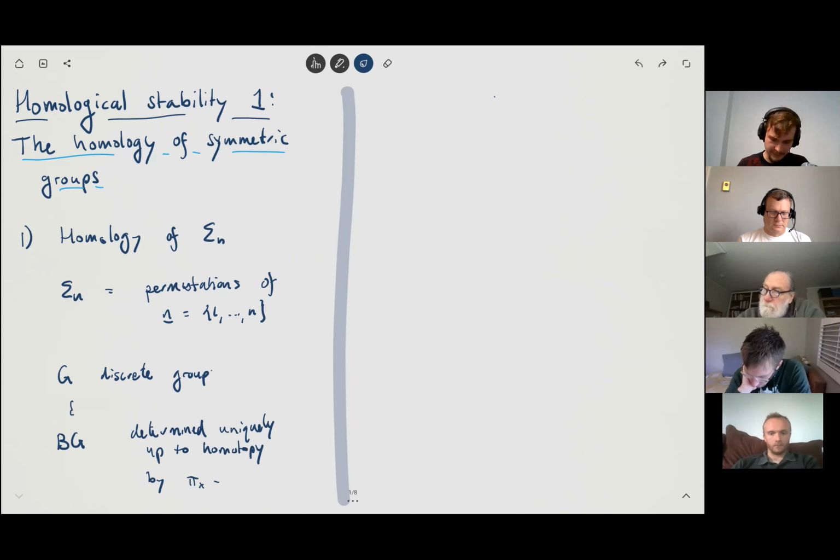I'll keep suppressing base points because all my spaces will be connected. So pi_i is 0 most of the time, except pi_1 is equal to G.